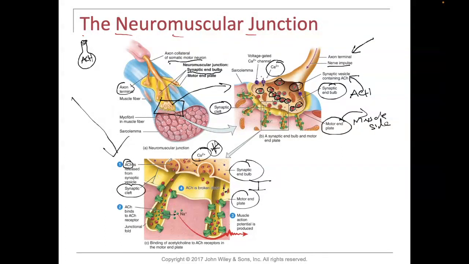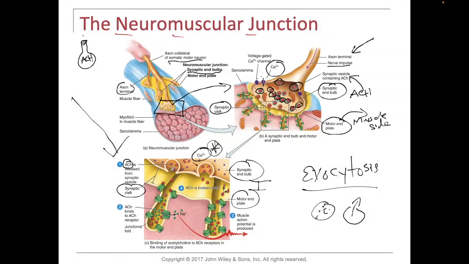So calcium allows that vesicle to open up and release its contents to outside of the cell. There's a very important term for that called exocytosis. Exocytosis is when a cell that has, let's say, a neurotransmitter, opens up and allows those things to exit.